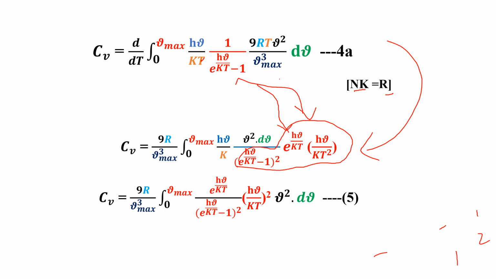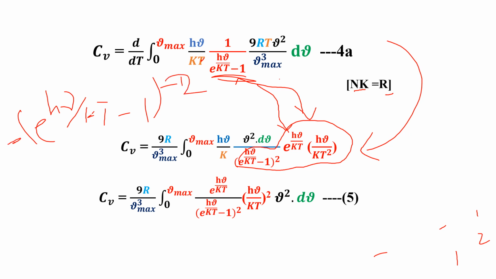As I have already mentioned, the e power h nu by kt minus 1, which is in the denominator, when it is moved to the numerator, will be converted into e power h nu by kt minus 1 whole power minus 1. When you differentiate it, it will be minus e power h nu by kt minus 1 power minus 2. In the same way, the e power h nu by kt will be differentiated again.